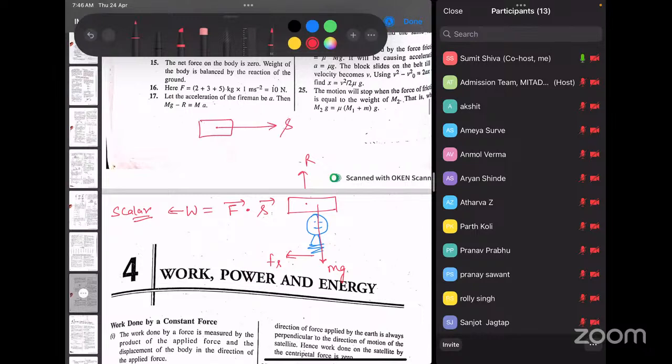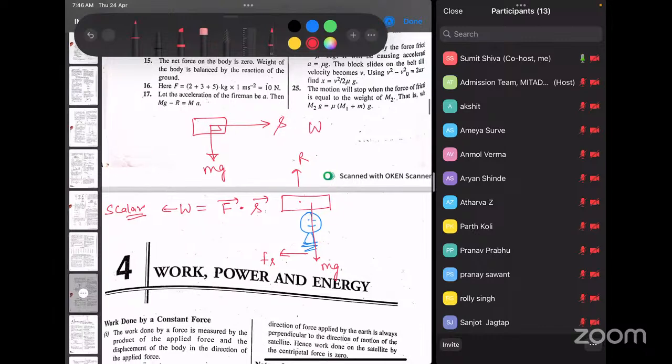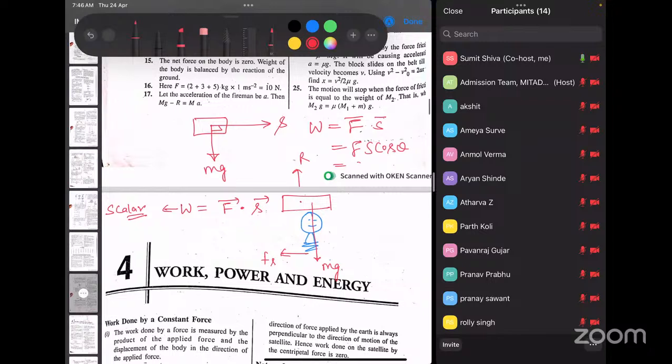So the displacement will be in this direction, and the force of gravity mg will be in this direction. This is 90 degrees. If you go by the formula W is equal to F dot S, it will be F S cos theta, where theta is the angle between force and displacement. So in this example, the angle theta between force and displacement is 90 degrees, and cos 90 is 0.